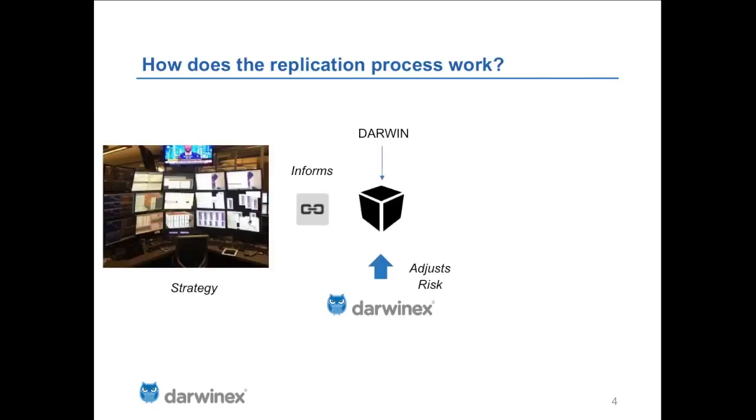And the second adjustment is to control for deviations from normal risk taking. So whenever a strategy takes risk which is outside of its historical parameters, Darwin X will intervene and not replicate that trade with the same risk for investors, to protect them from excess risk.